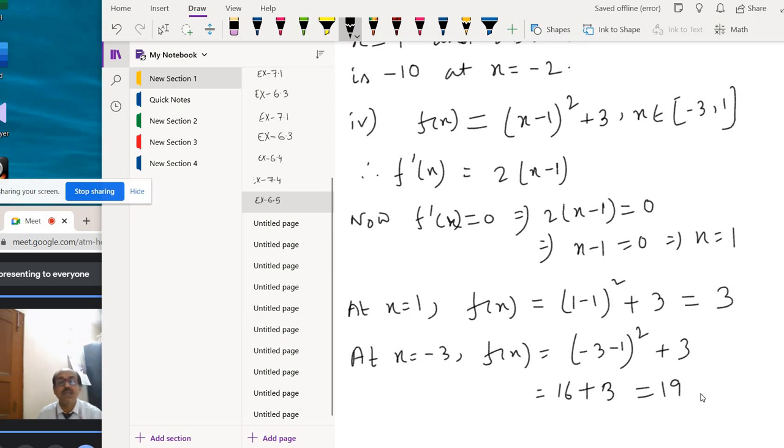So x equal to 1, at which it is 3. And at x equal to minus 3 it is 16 plus 3. So 19 and 3.